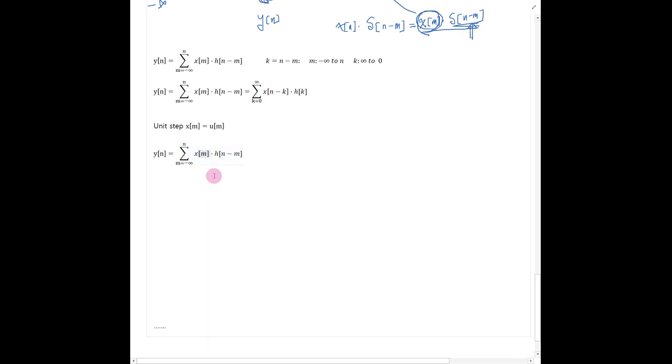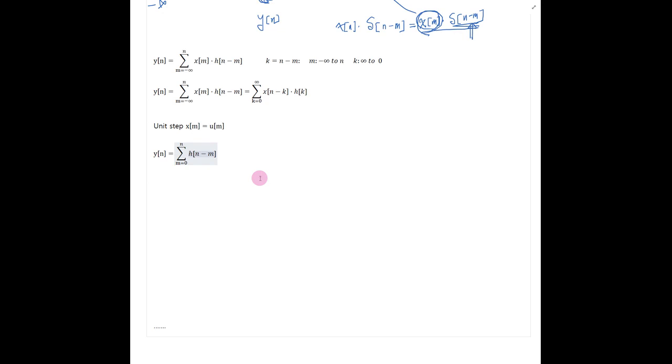Think about it: if m is less than 0, all terms are 0, so we can safely remove those. And if m is positive, x[m] is 1. So we can replace that equation this way.